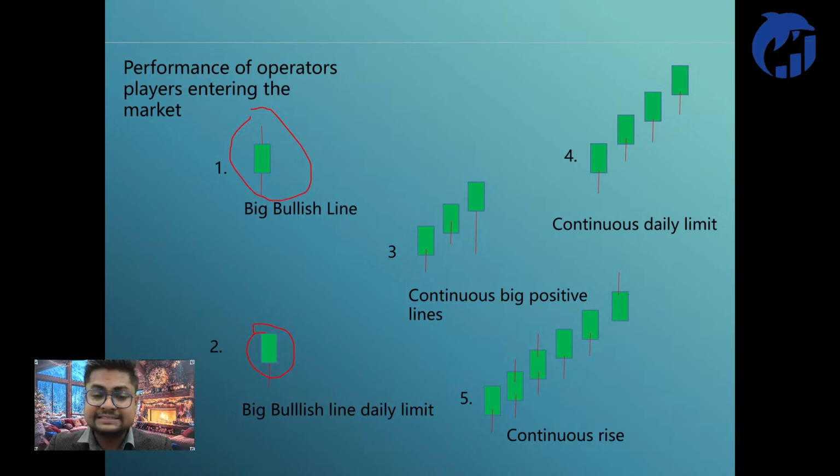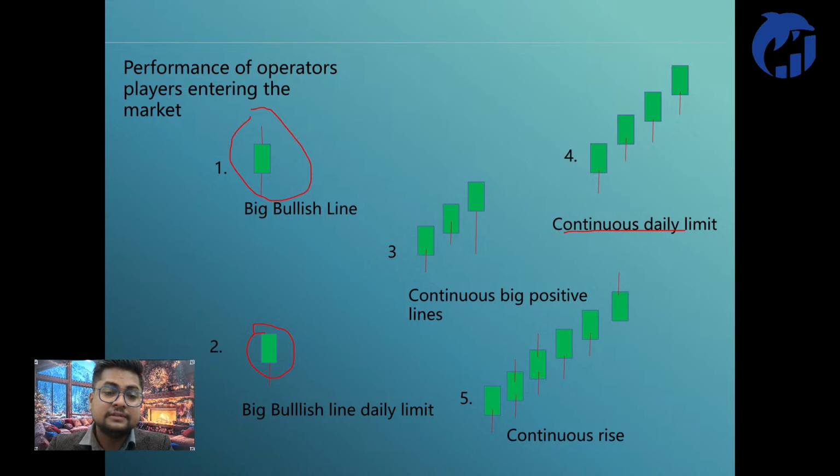Now, to understand what we mean by continuity, just look at these three points. What are they showing? First, we have a continuous big positive line. Secondly, we have a continuous daily limit line. And thirdly, we have a continuous rise.